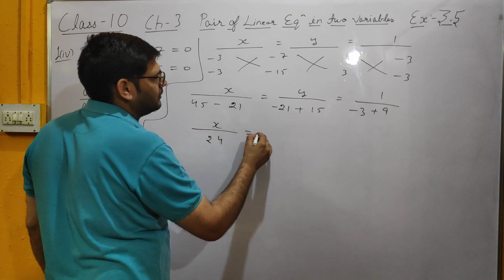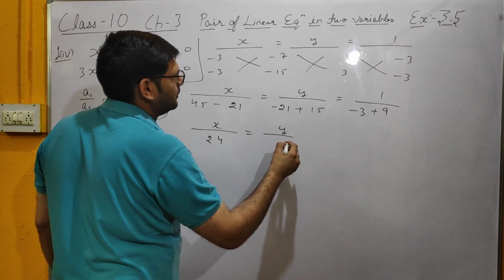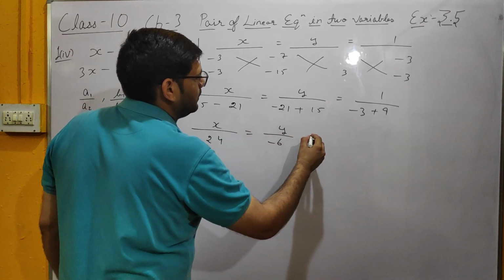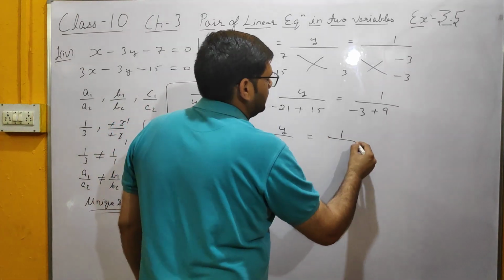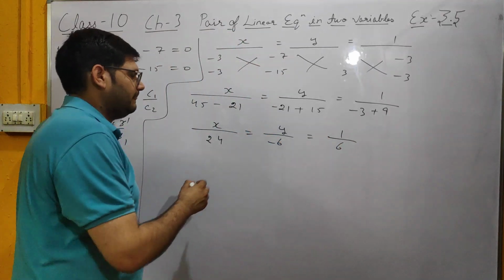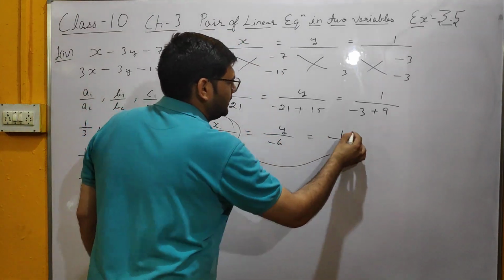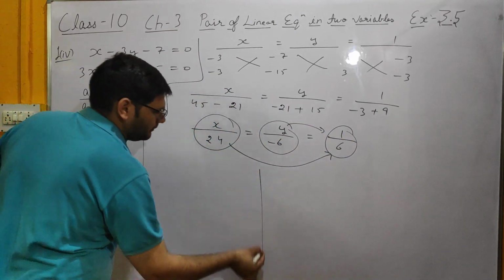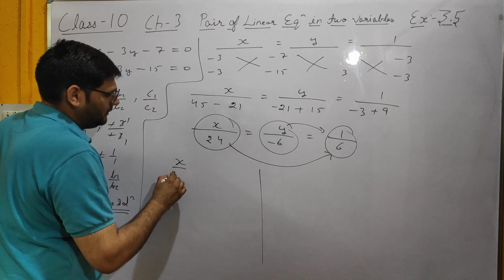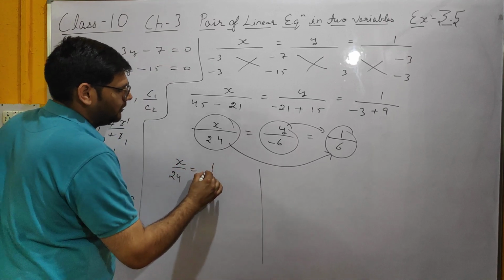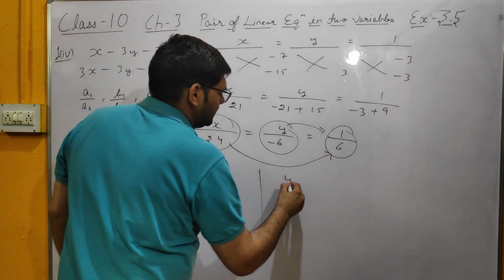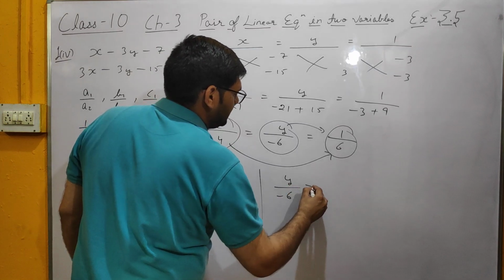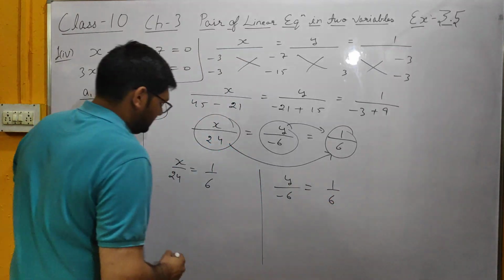24, minus 6, 1 by 6. Equate this also. So x by 24 will be equal to 1 by 6, and y by minus 6 will be equal to 1 by 6.